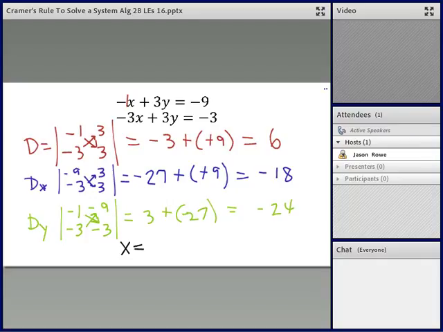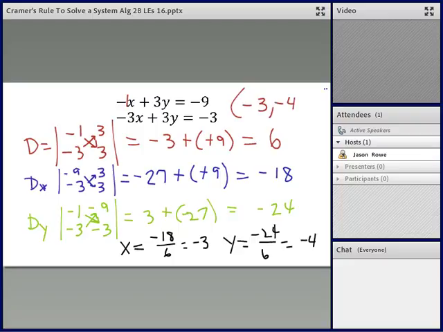X is going to equal dx over d, so -18 over 6, which is -3. Y is going to equal dy over d, -24 over 6, which is -4. So my final answer, ladies and gentlemen, you guessed it, -3, -4. And that's done.